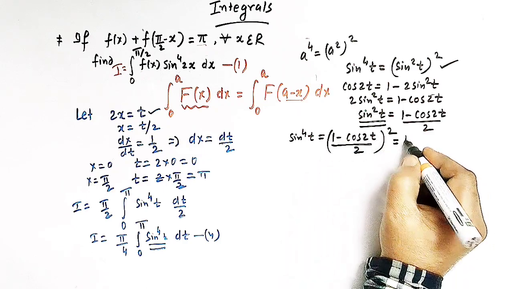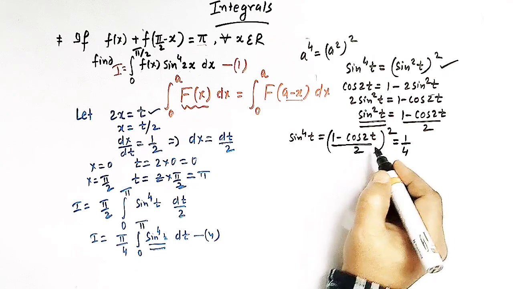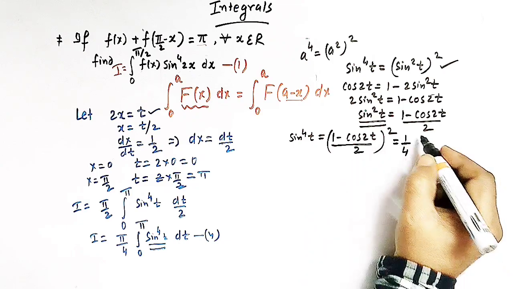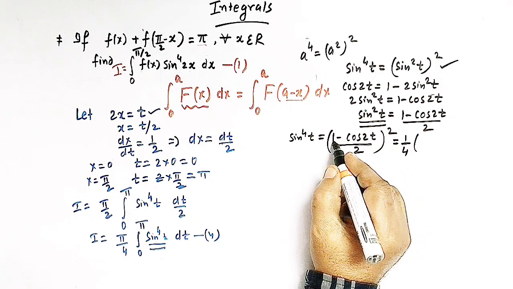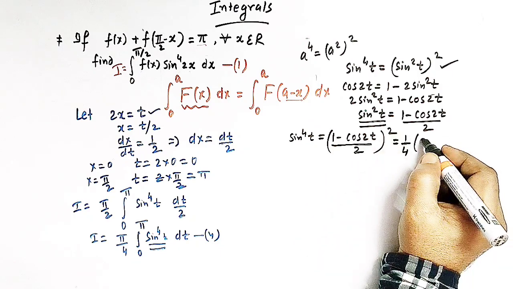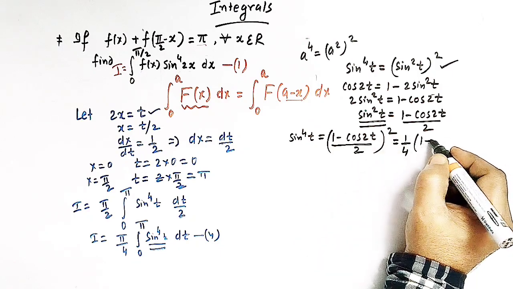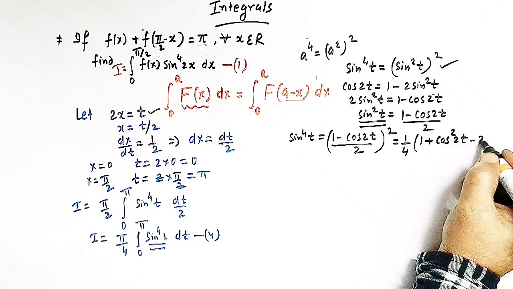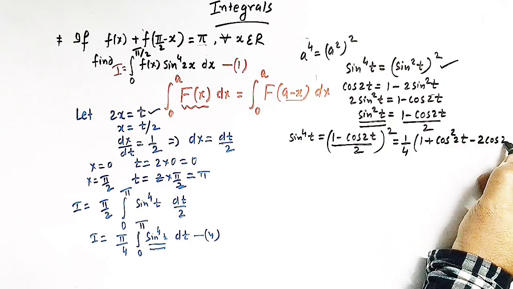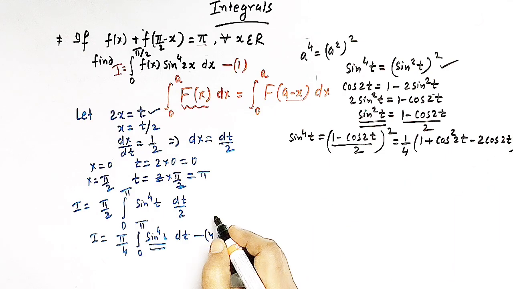So let us write it as 1 over 4. The square of 2 is 4, and here we can now apply the identity for a minus b whole square. So we have 1, then we have plus cos square 2t minus 2 times cosine 2t, right?